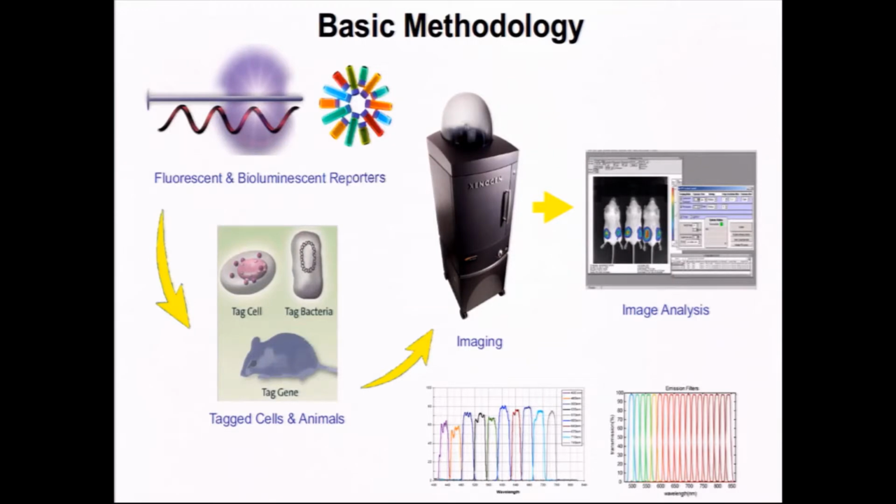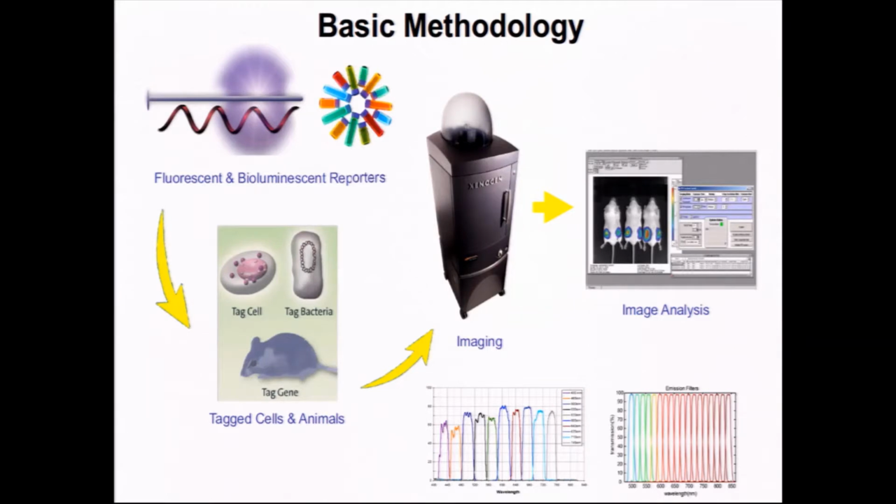So the basic methodology is that you take a bioluminescent or fluorescent or chemiluminescent, any optical reporter you want, and then introduce it either into a cell line. A lot of our customers obviously are tracking cancer models or stem cells or infectious disease agents in the animal. So what they do is they engineer the cell line and then place the optically engineered cell line into the animal to monitor and track it.